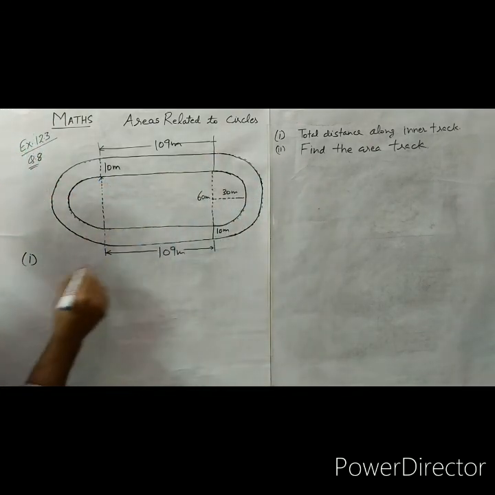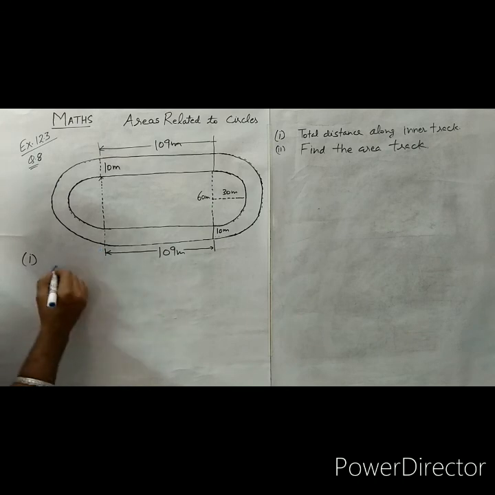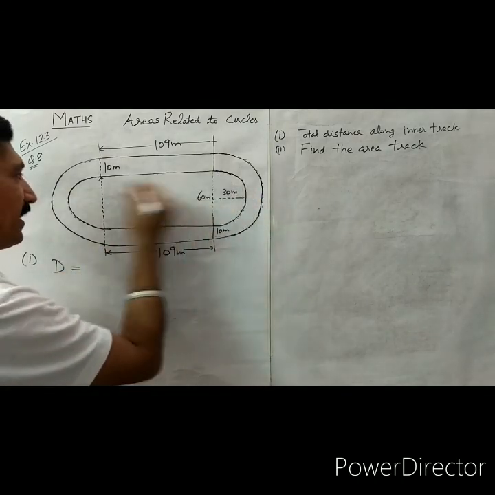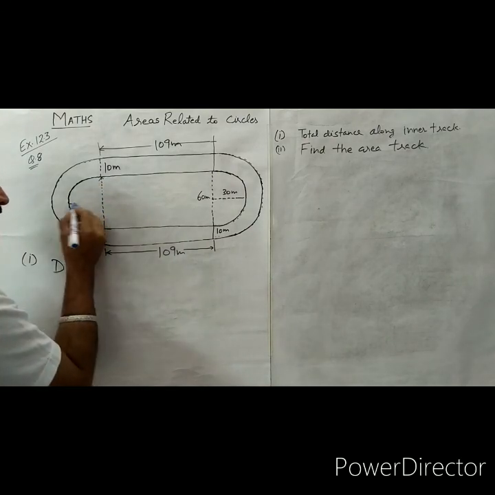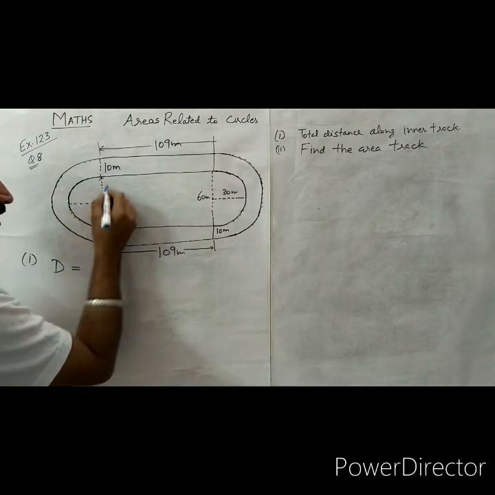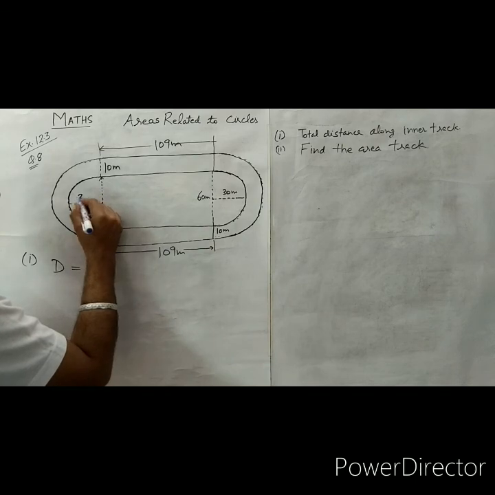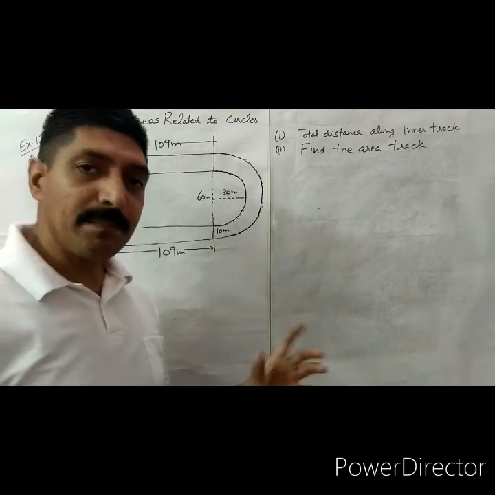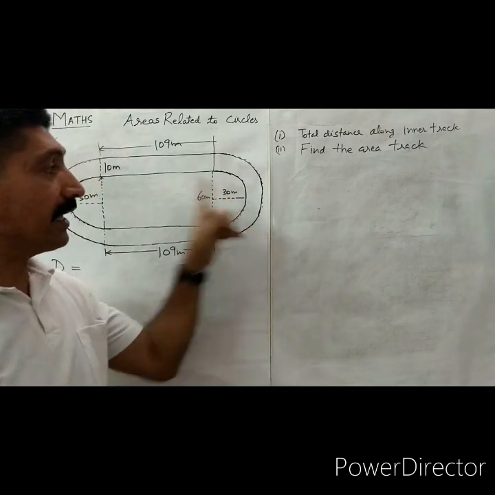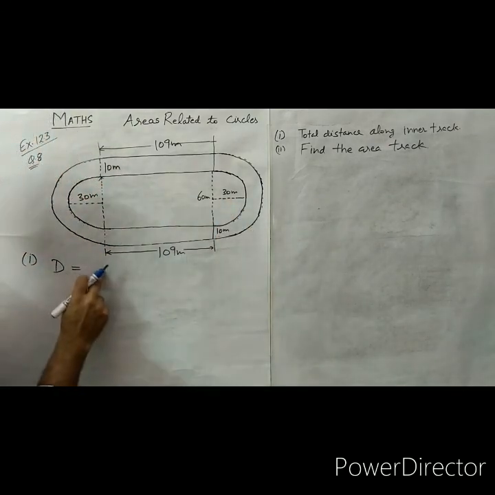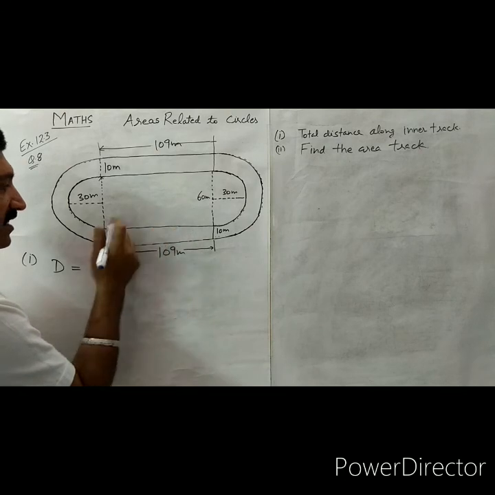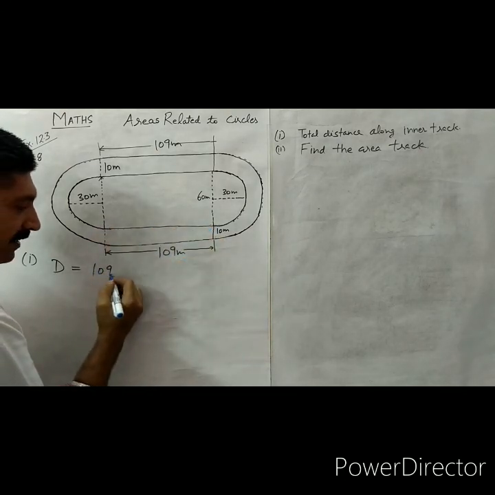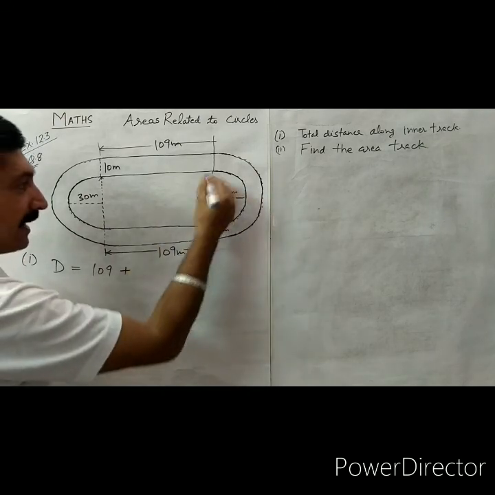So the total distance is pi r from this side, pi r from this side. Here the radius, half of 60, is 30 meter. The radius of these two semicircles is 30 meter. So the distance from here to here is 109 meter plus pi r.